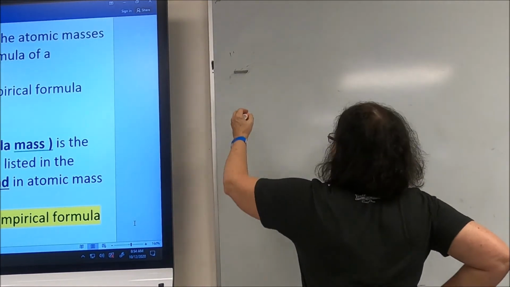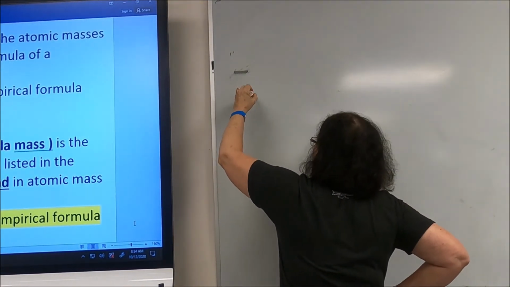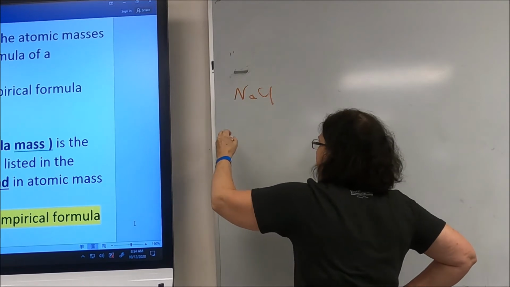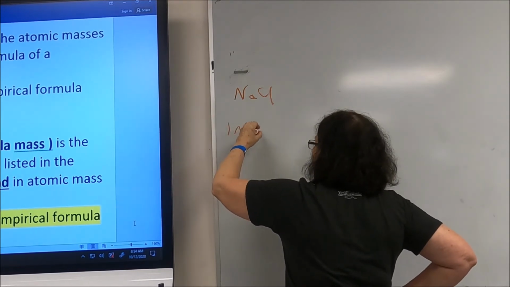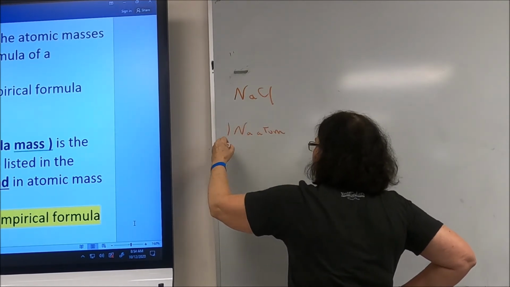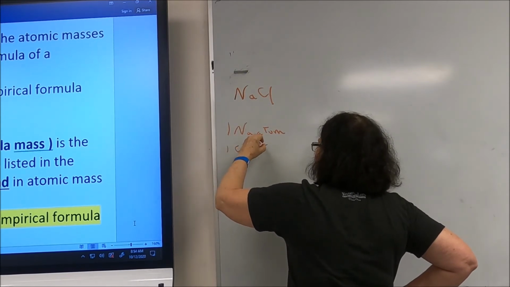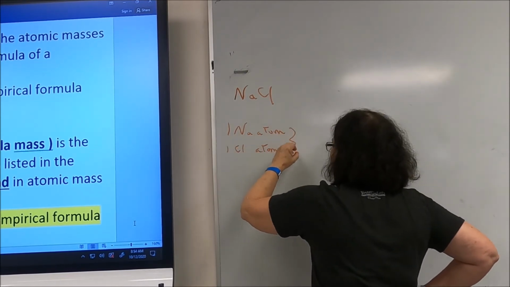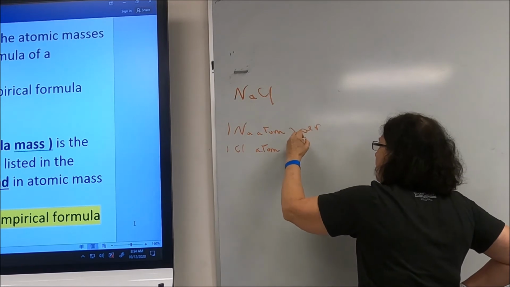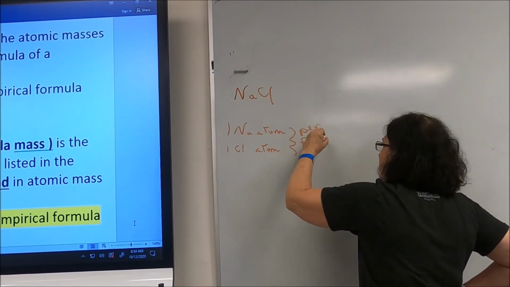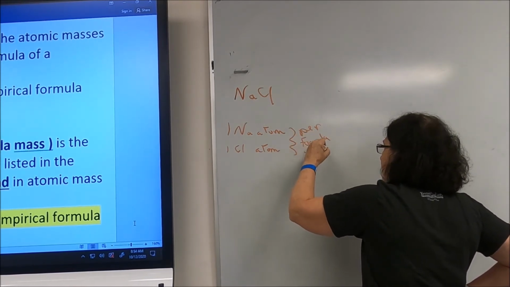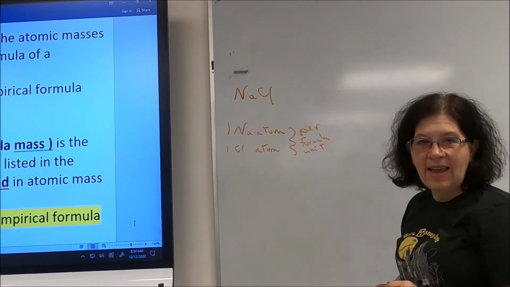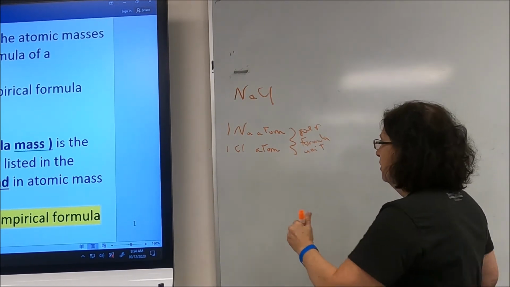Okay? If I have sodium chloride, I've got 1 sodium atom and 1 chlorine atom per formula unit. Or you could say in the empirical formula.